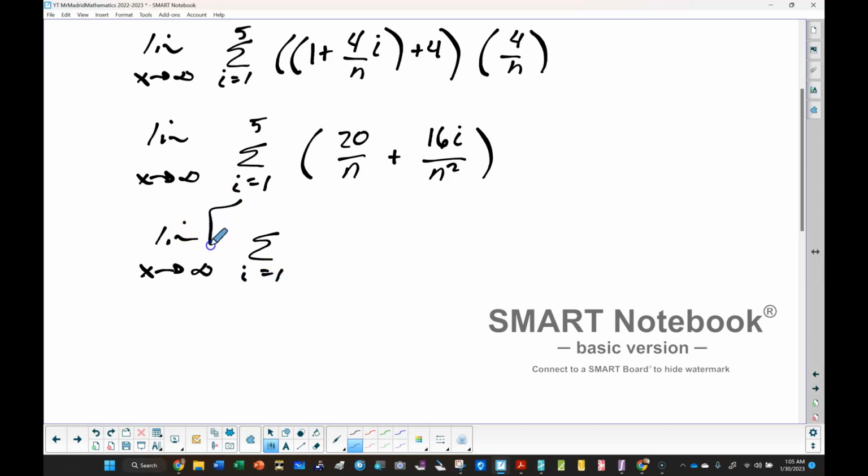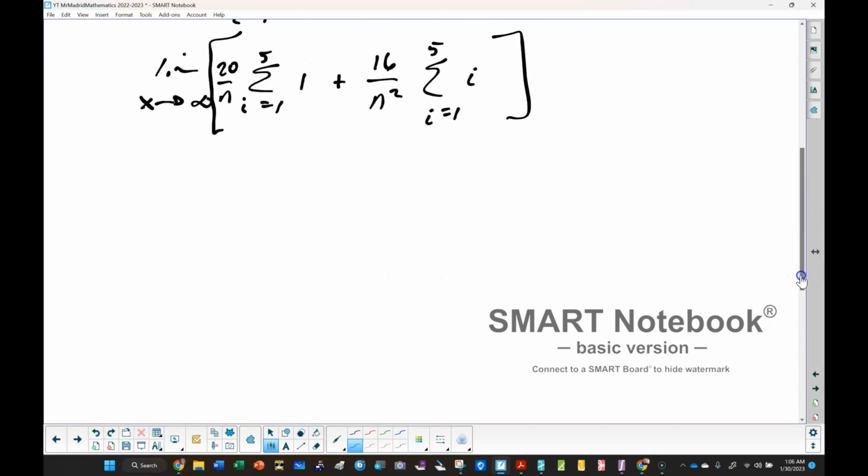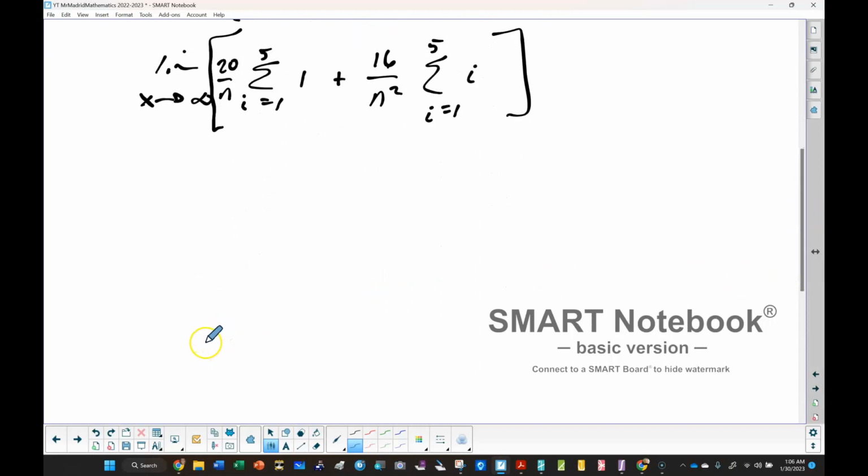We'll put a bracket here, and here we can just leave a 1 in there, plus 16 over n squared sum of i. Theorem 4.2 does all the work for us. It reduces these sums for us, so let's take advantage of that.